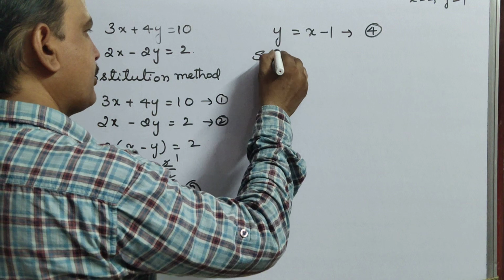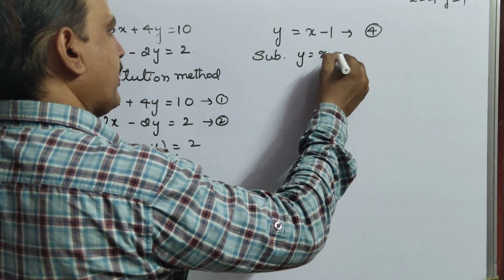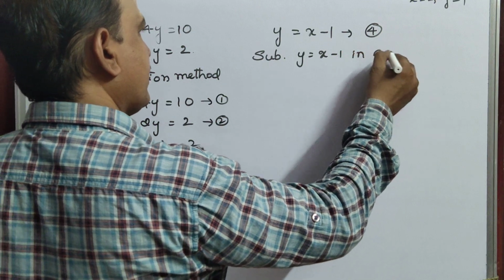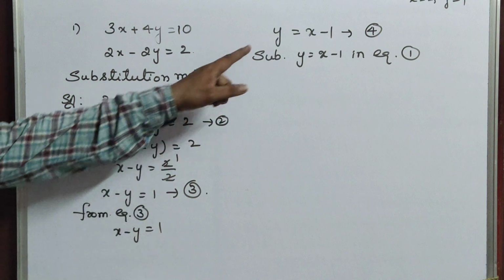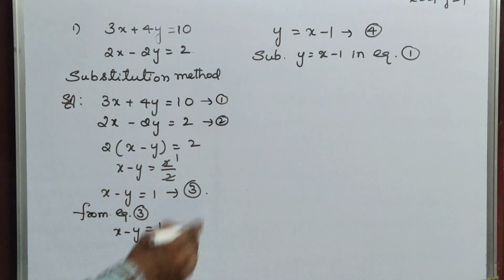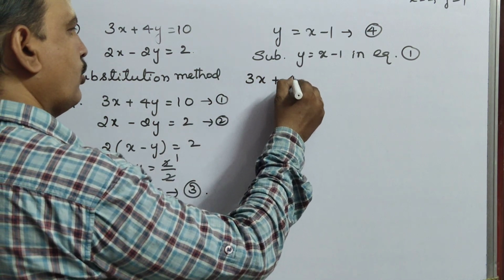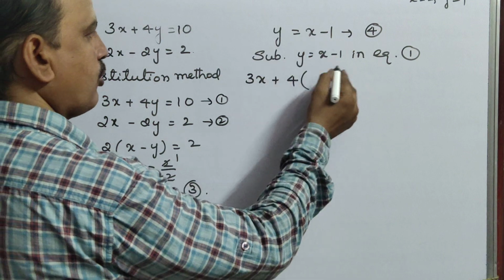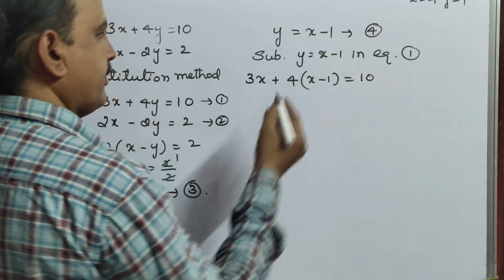Now, substitute y equals x minus 1 in equation 1. That means 3x plus 4 times y, where y is x minus 1, equals 10.